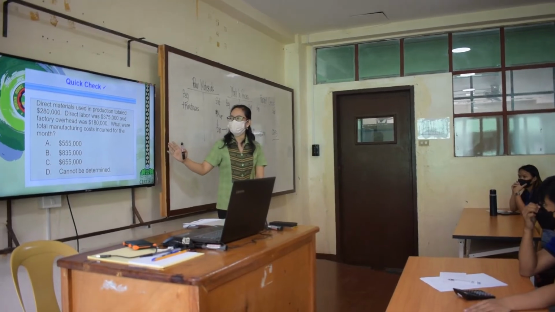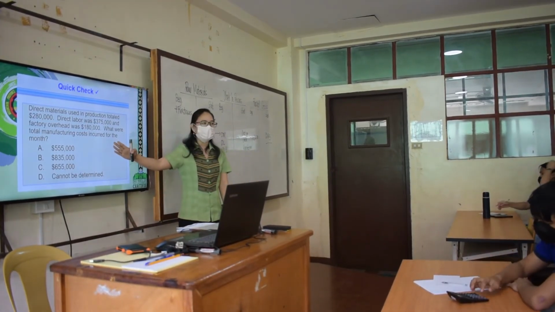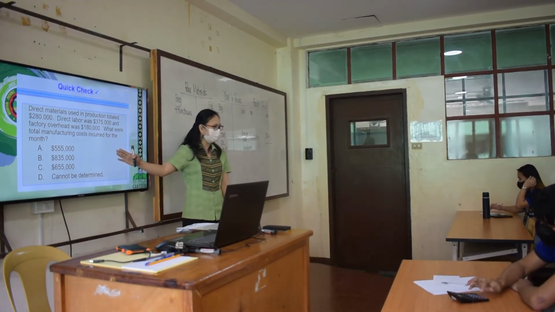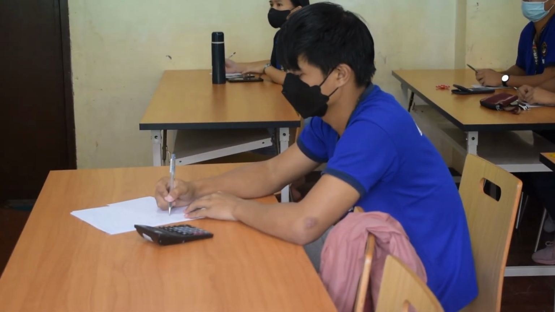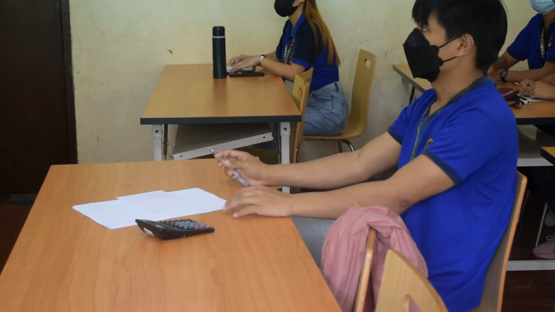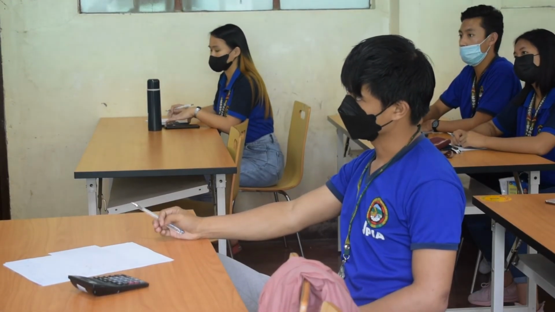Another quick check. Okay, what is being asked is the total manufacturing costs, correct? Yes. Okay, total manufacturing cost this time. So try to plug it in your key account. Your total manufacturing cost will be the total of direct material investment. Tignan natin kung tama yung sinabi nyo.